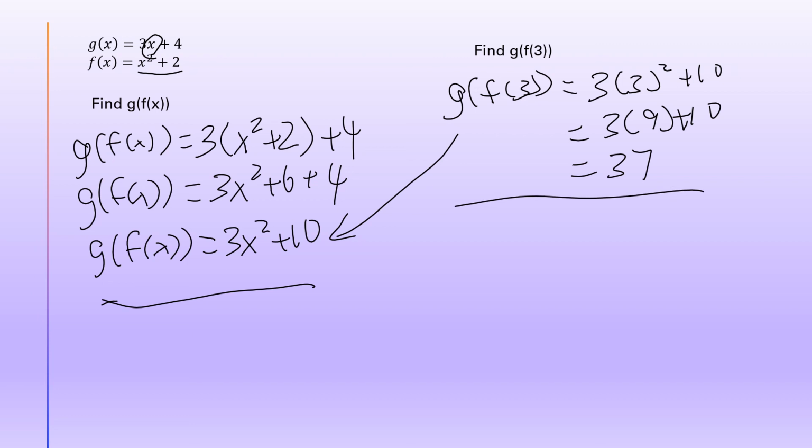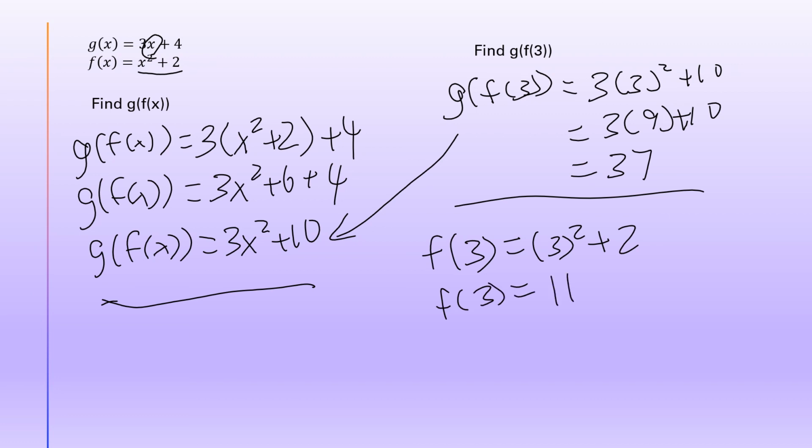Now the second method would be to find f of 3. So plug in 3 for x in f of x, and that gives us f of 3 equals 11.